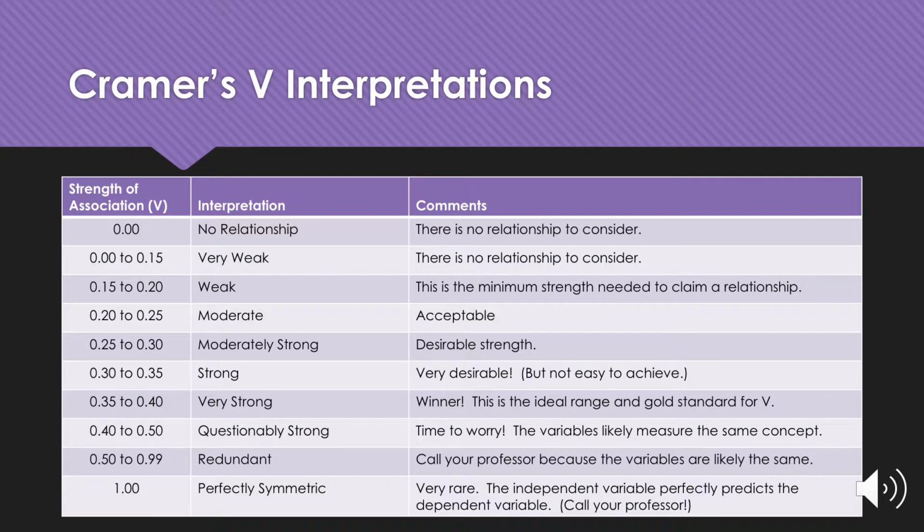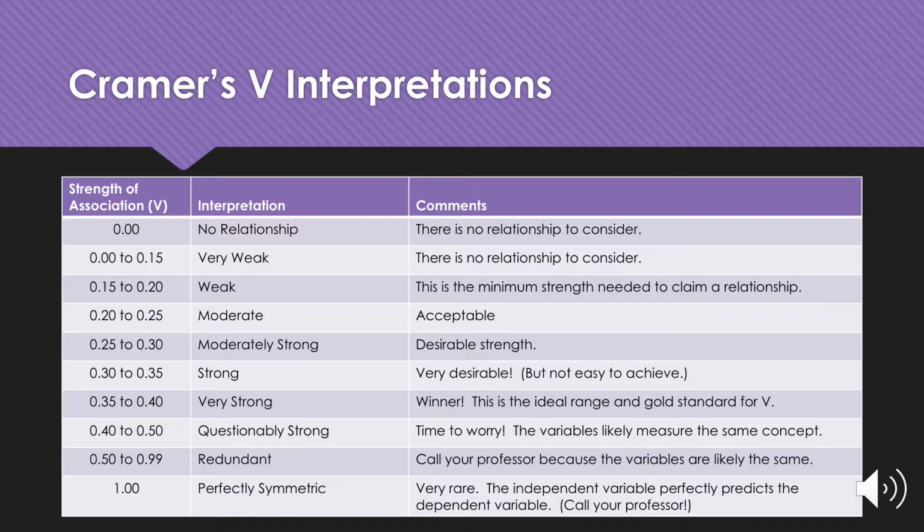The 0.3 and 0.35 is defined as strong. If you ever find a strength of association or Cramer's V of 1, it means it's perfectly asymmetric, and that is normally very rare, where an independent variable perfectly predicts the dependent variable.